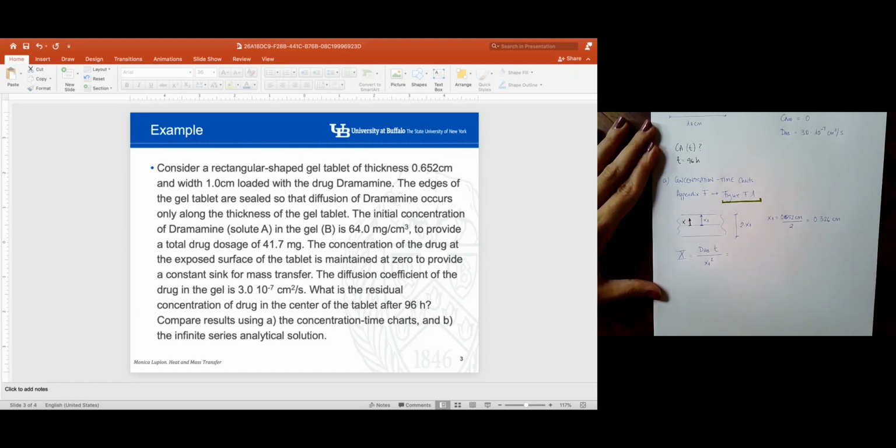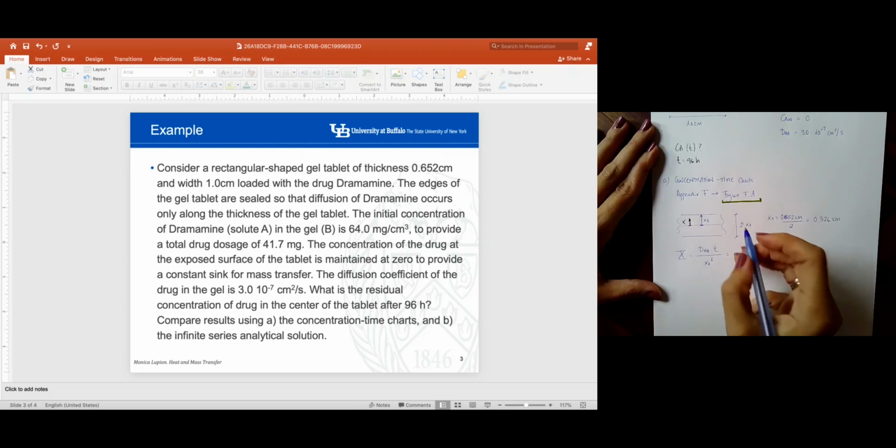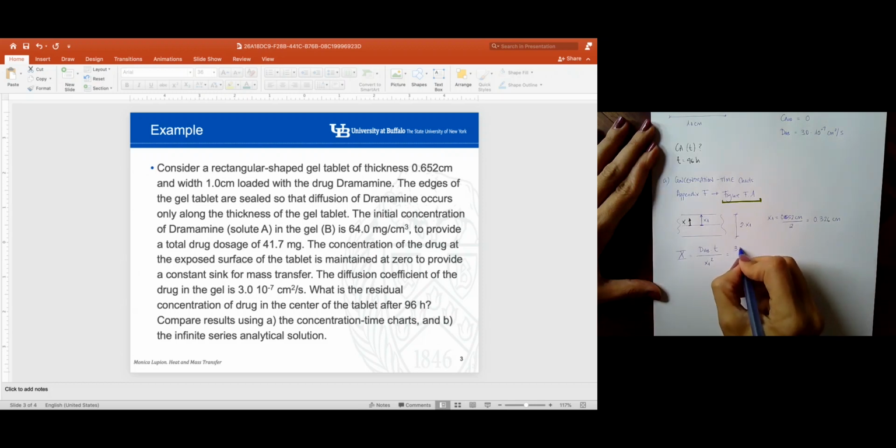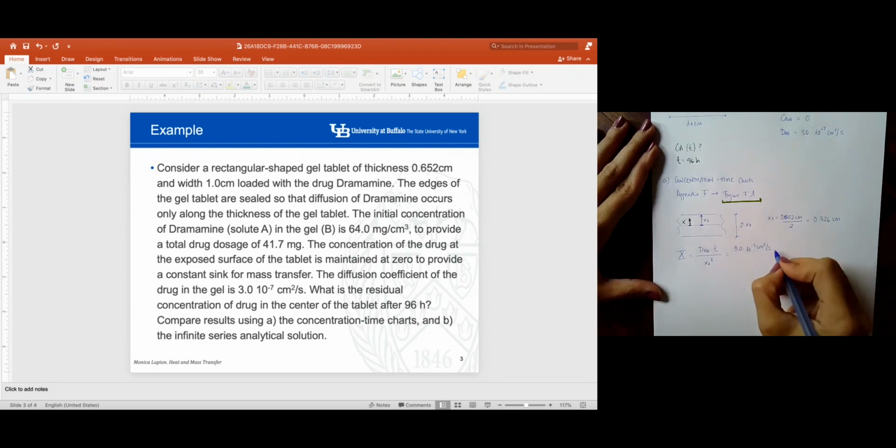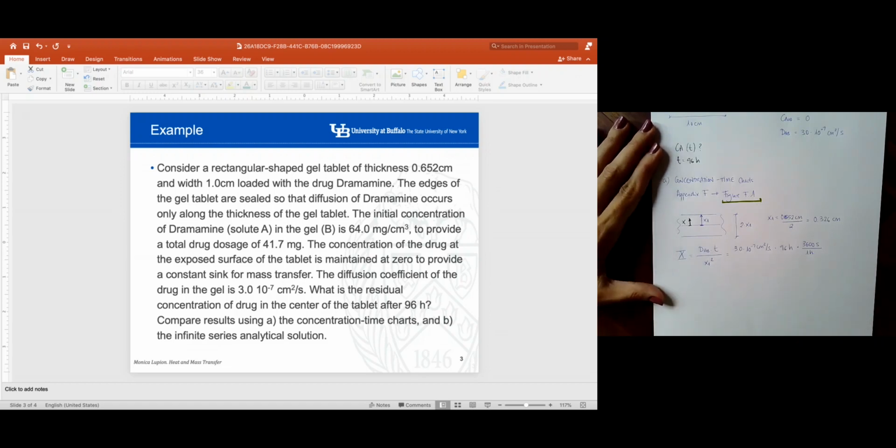So let's calculate x. So the diffusion coefficient, and don't forget to use the proper units, right? 3.0 times 10 to the minus 7 square centimeters per second times 96 hours that we need to convert into seconds. Again, very important not to forget the units, okay?